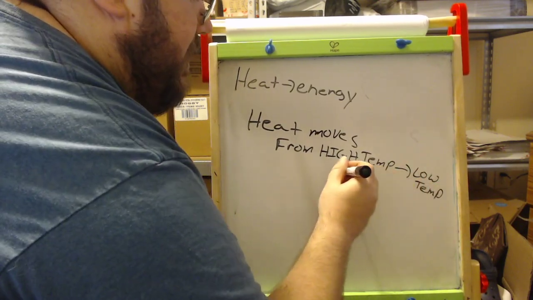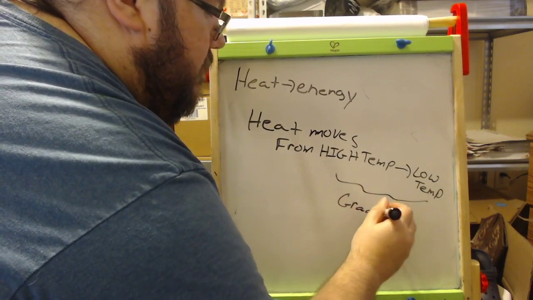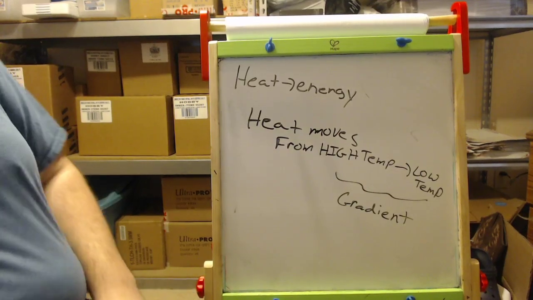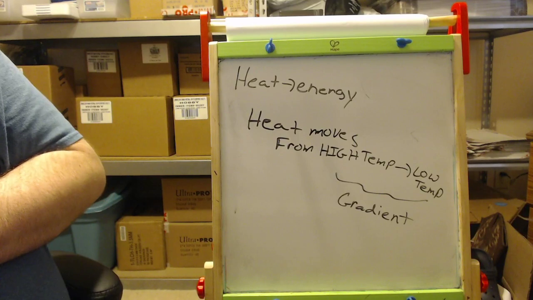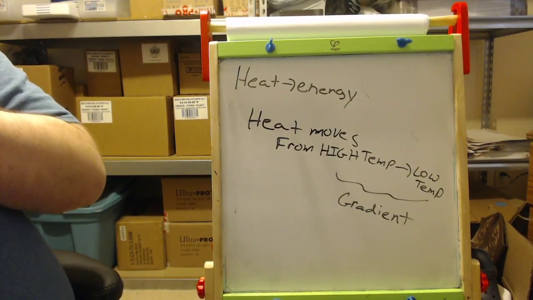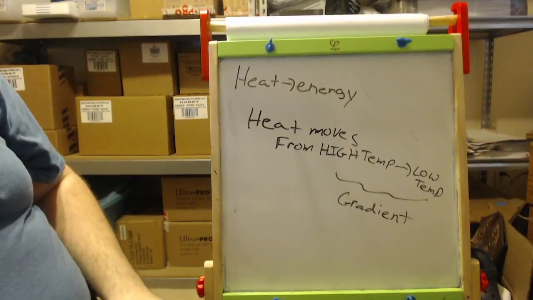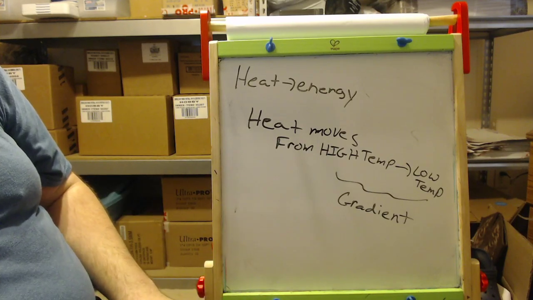There needs to be what we call a gradient. There needs to be a difference in temperature for heat to travel. It's a passive transport. We're not going to lose energy. We're just going to transfer it from one end to another, or one object to another. So heat will always flow from hot to cold.